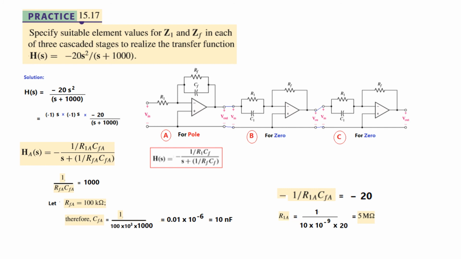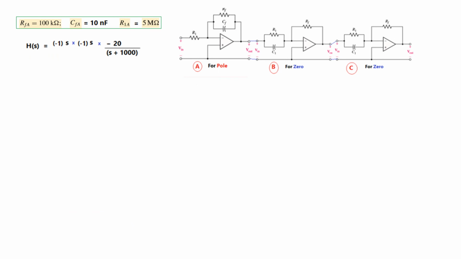So RA1 can be found to be 5 mega ohms. So we now have found all 3 elements for the pole circuit. So this we found. Now we'll find the elements for the zeros.